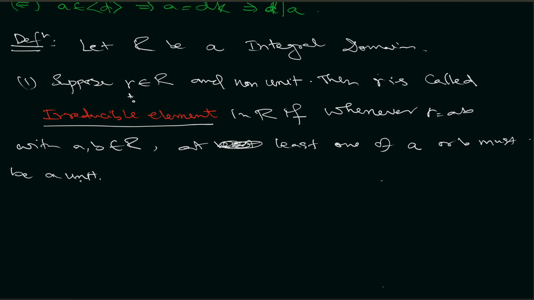If you can write r equal to a into b, then either a is a unit or b is a unit. Then we say this r is an irreducible element, that this r cannot be reduced. That is, r equals a times a unit or a unit times b.